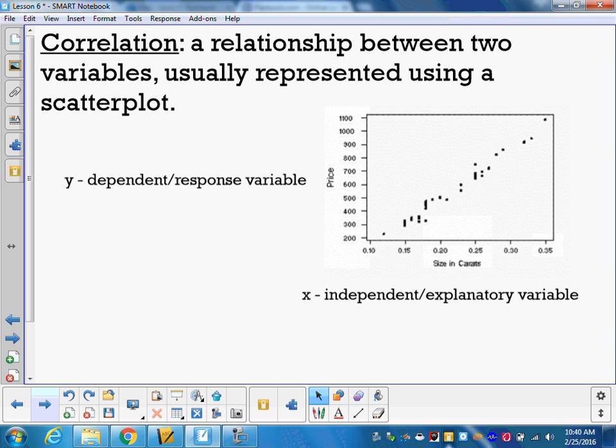We are not going to create scatter plots by hand, but I'm going to show you today how to do them on a calculator. Quite easy.